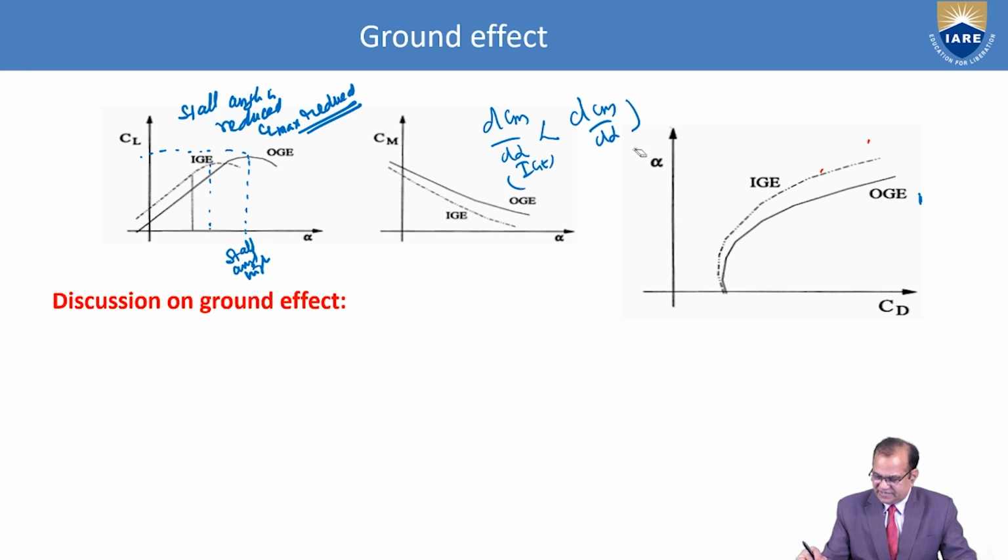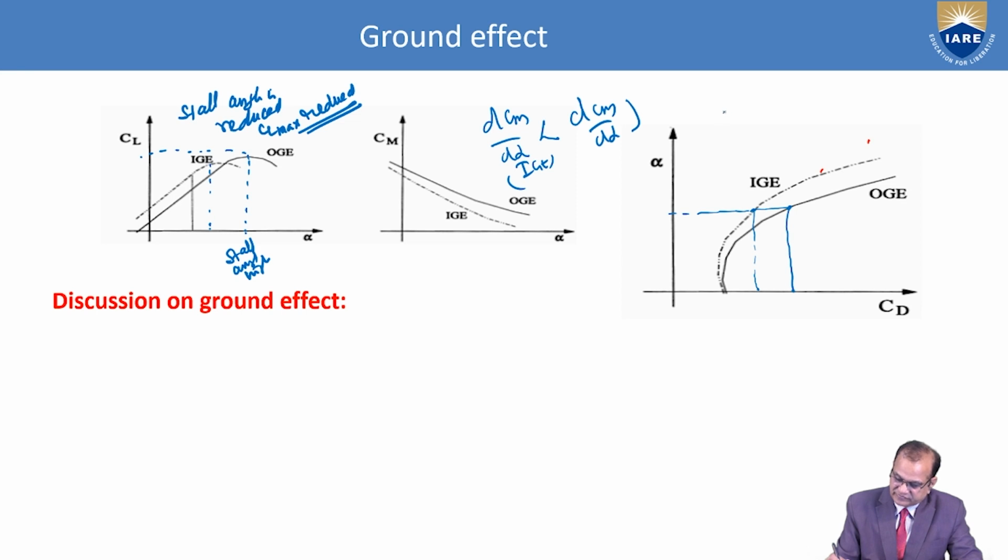If you see another thing, that is CD versus alpha. So in ground effect, your CD is, for the same angle, if you see, the CD is here, and if you see for the same angle, CD is here. So in ground effect, your drag is reduced. Drag is reduced during ground effect.